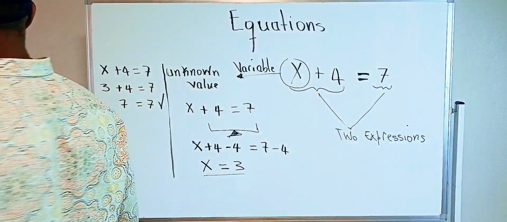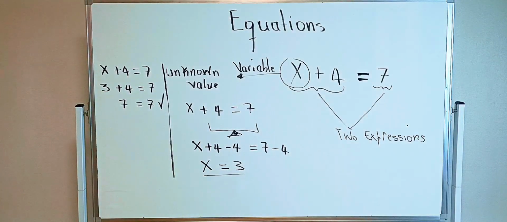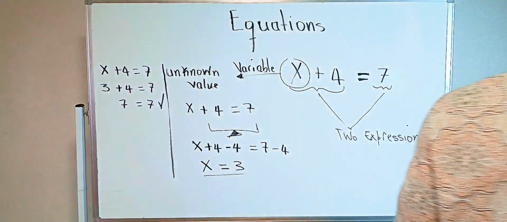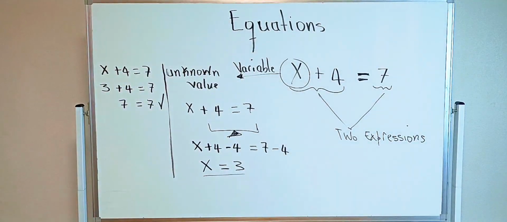This is exactly the value for x. 3 is exactly the value for x right now, since I see that it balances. That means the scale is balanced. I want you guys to understand that, because some of you might think that equation is a difficult thing.